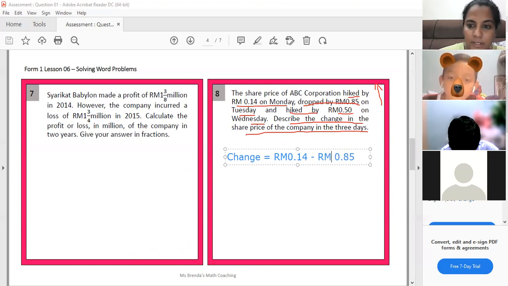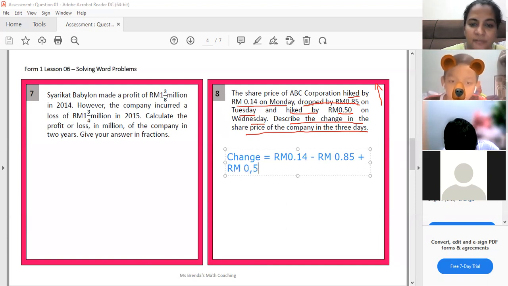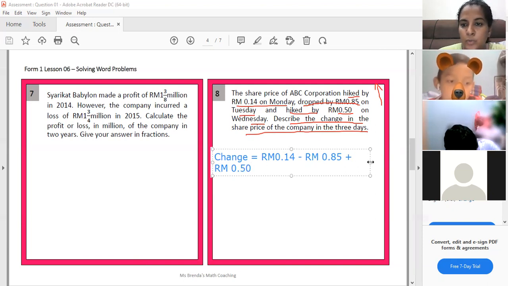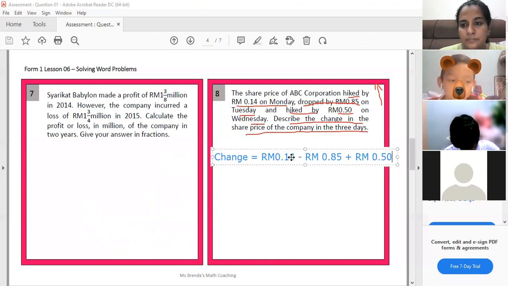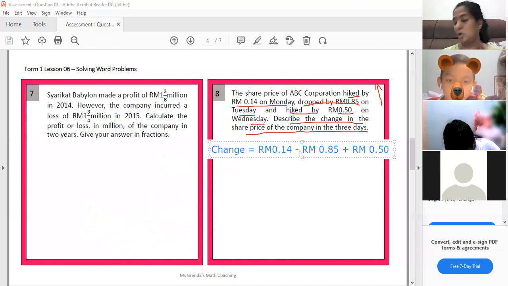Okay, you see that? And then what happens on Wednesday? It hikes again. So it's positive now, plus RM 0.5. So this is how you would be writing the change out. Can you see that? Take out your phone, okay?